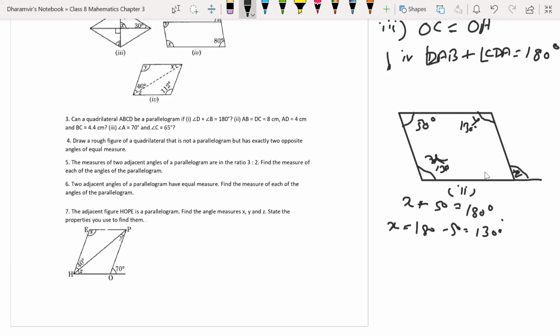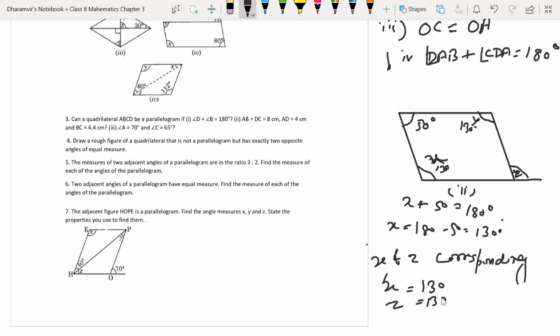X and Z are the corresponding angles. So X is equal to 130, Z also is equal to 130.